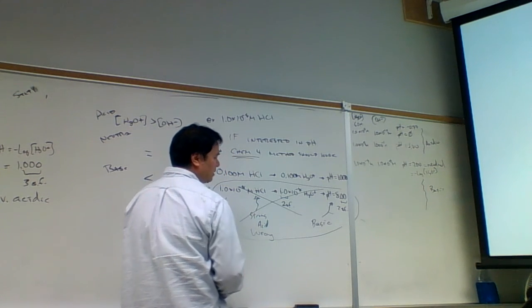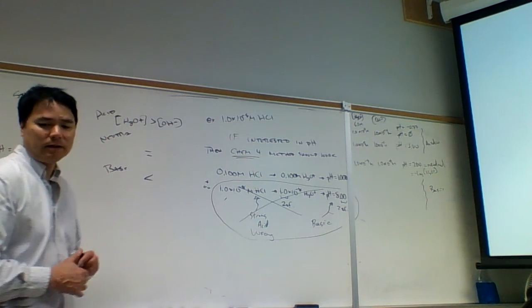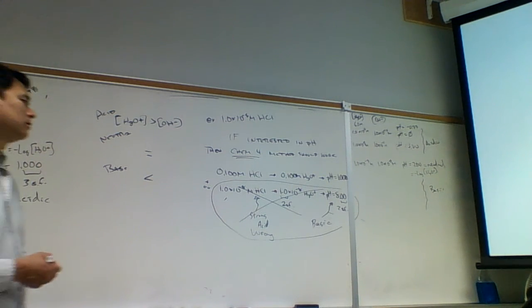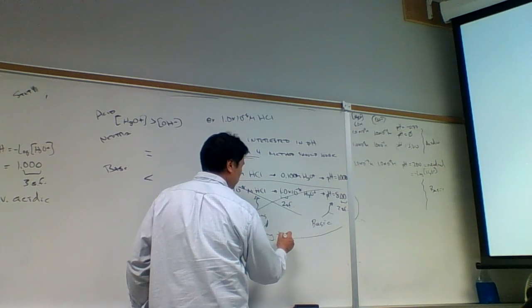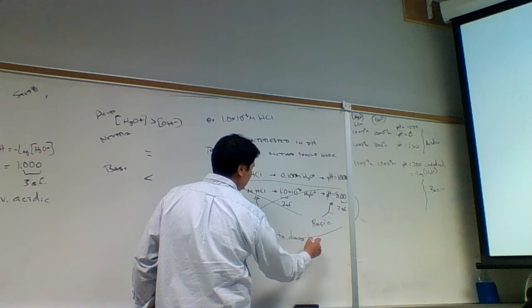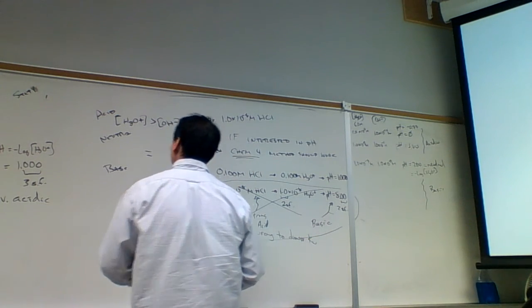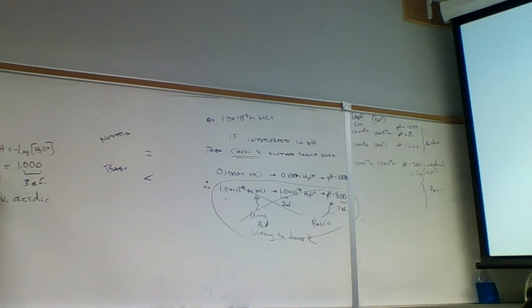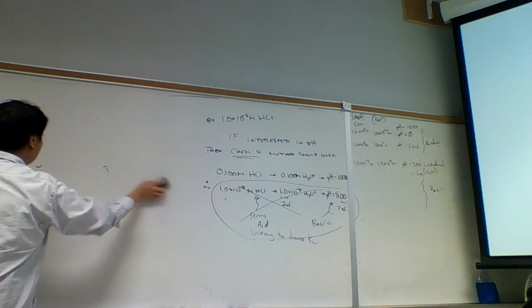In Chem 4, we automatically assume Kw can be ignored. In Chem 1B, we can't assume Kw can be ignored. It's wrong to dismiss Kw. And so why don't you do the calculation? Unless, did somebody already do the calculation?